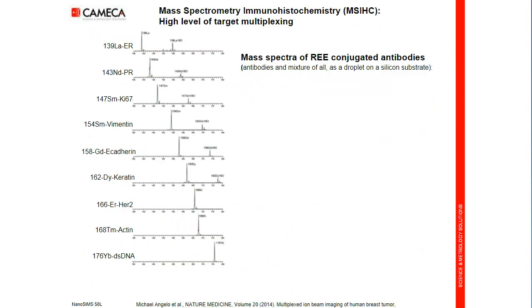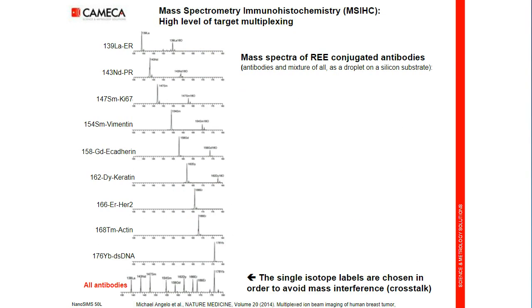So let's see the mass spectrum of these rare earth element conjugated antibodies. We see that when we superimpose all the individual mass spectra, they have no interference, no crosstalk between each of the elements. So it allows a lot of parallelism with these monoisotopic rare earth element tags.